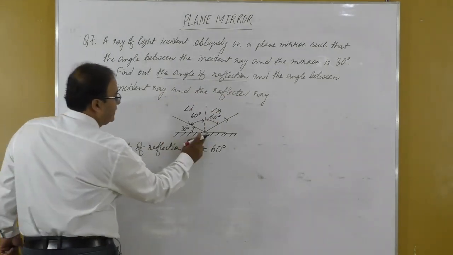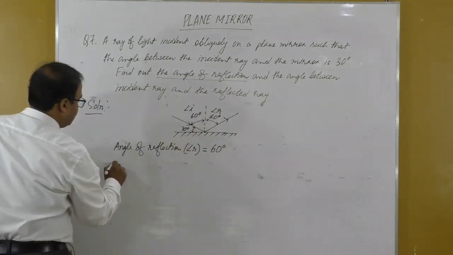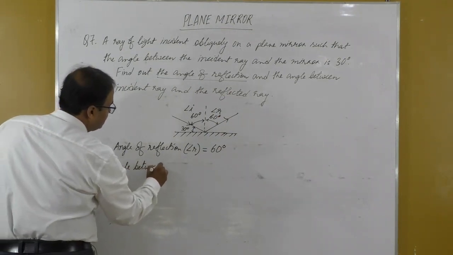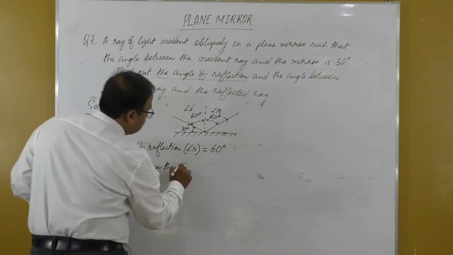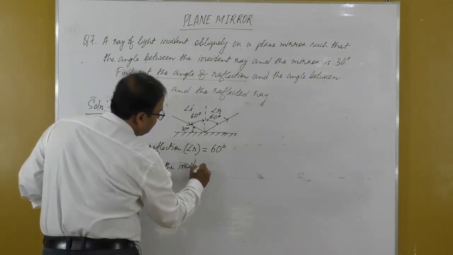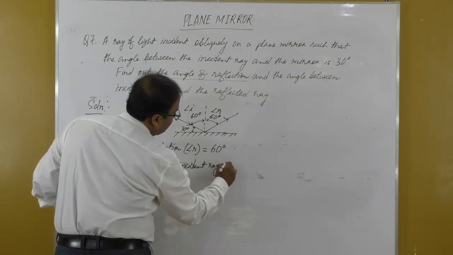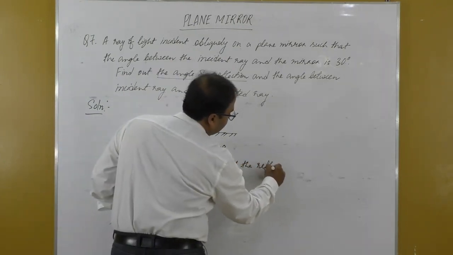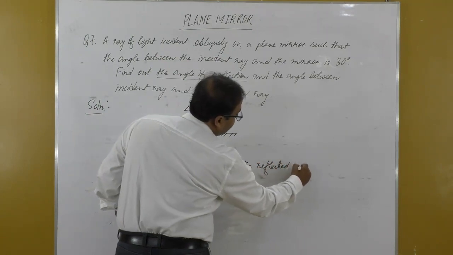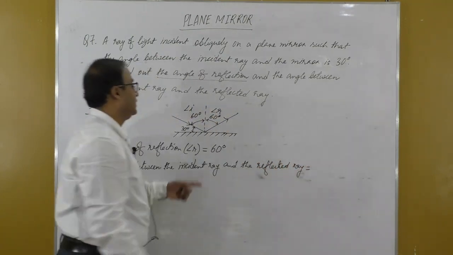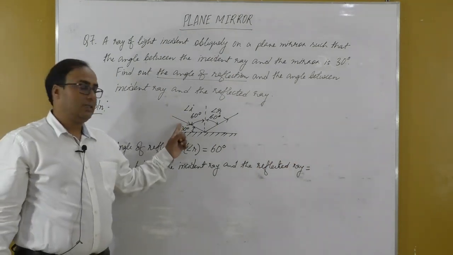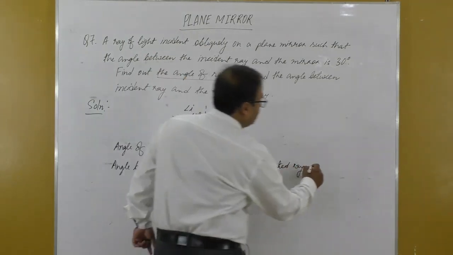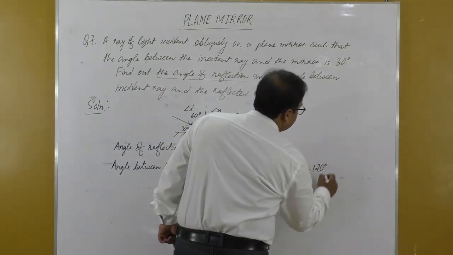This one is the incident ray, this is the reflected ray, the angle between these two, 60 plus 60, that is 120 degree.